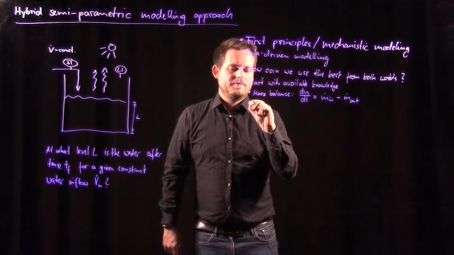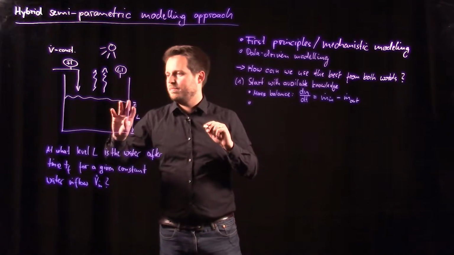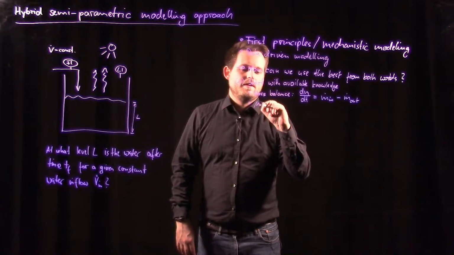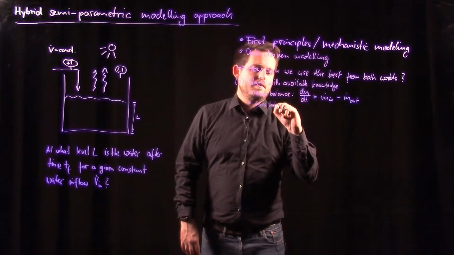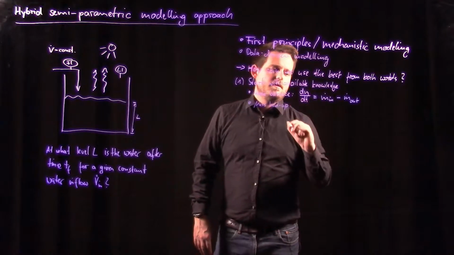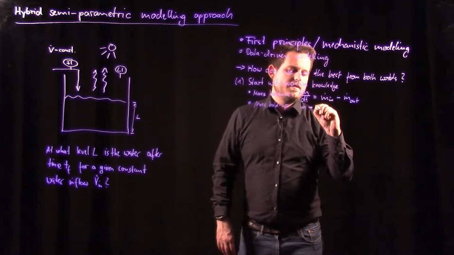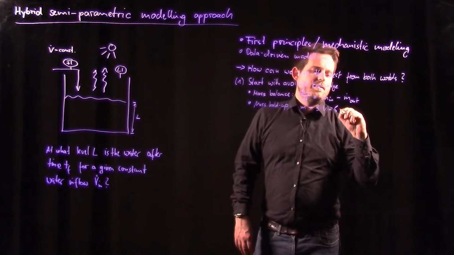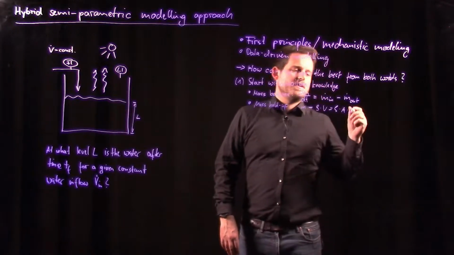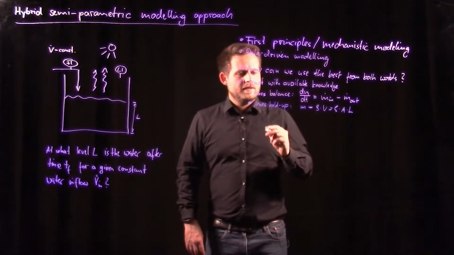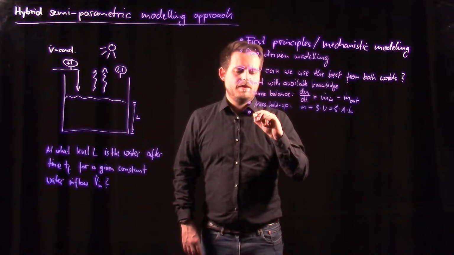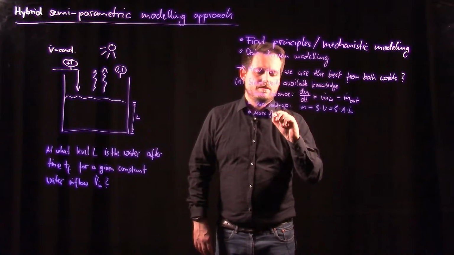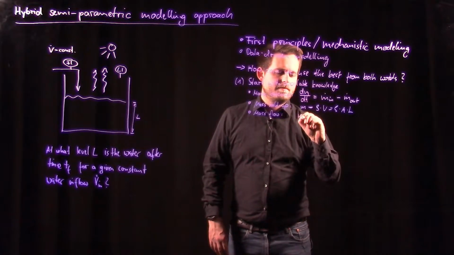So, and now we actually want to predict the level and not the mass in the tank. Therefore, we need the mass holdup, which equates to the density times the volume, and this again is density times cross-sectional area times level. And then we can also consider the mass flow which goes into the system.